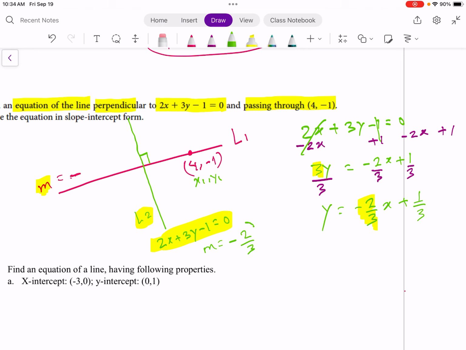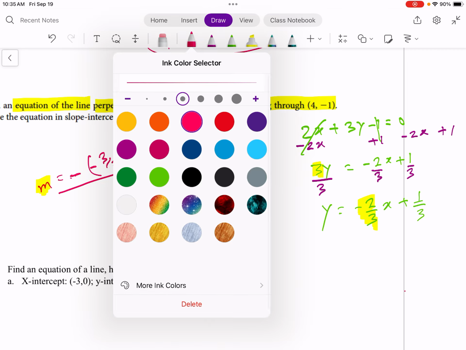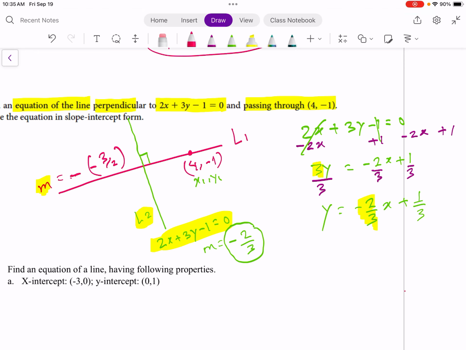Now what is the reciprocal of this number? Reciprocal means you switch numerator and denominator. So if you switch numerator and denominator for that number, we get negative 3 over 2. So negative of negative 3 over 2. And what is this? This is positive. Negative times negative 3 over 2 is positive 3 over 2.